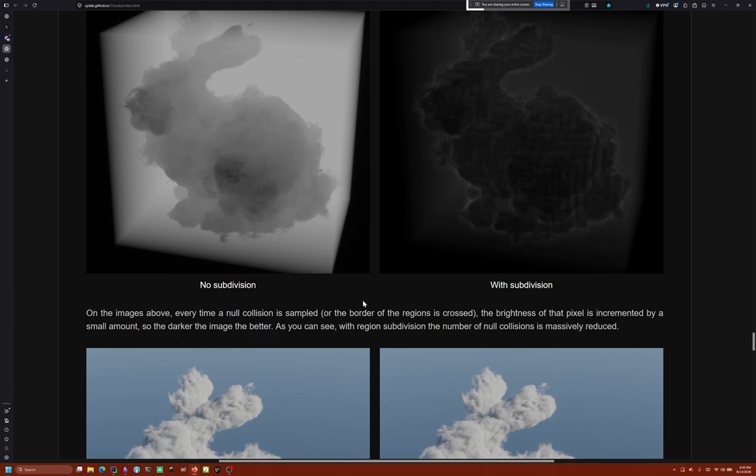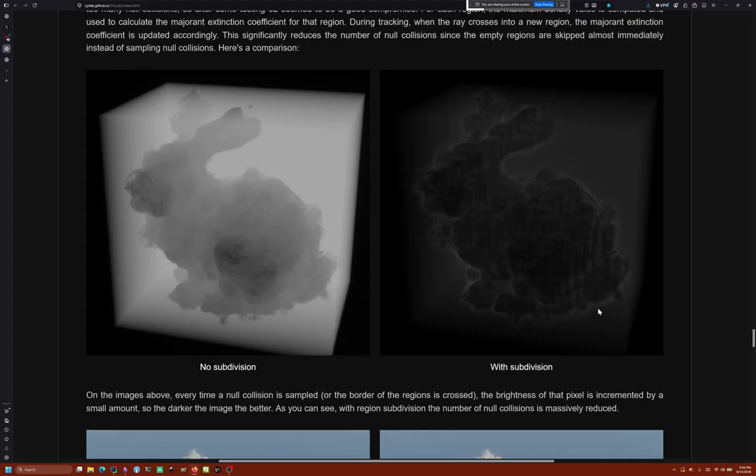Every time a null collision is sampled, the brightness of the pixel is incremented, so the darker the image, the better. There's a lot of checking here in negative space versus not over here. That's because you're able to locally establish a lower density volume, which means you can make larger steps in these negative spaces.